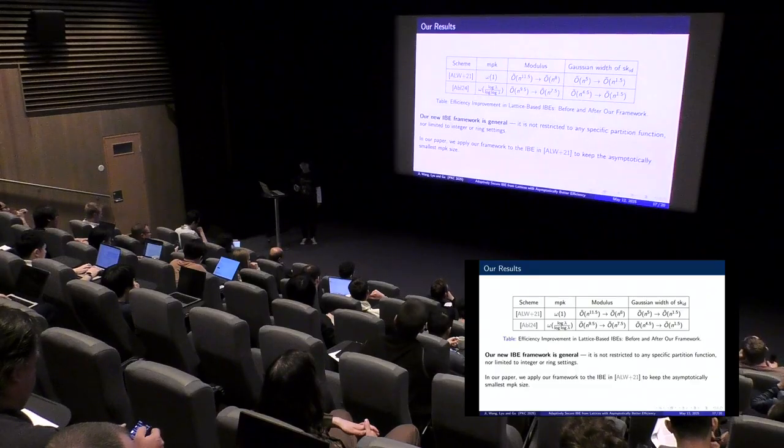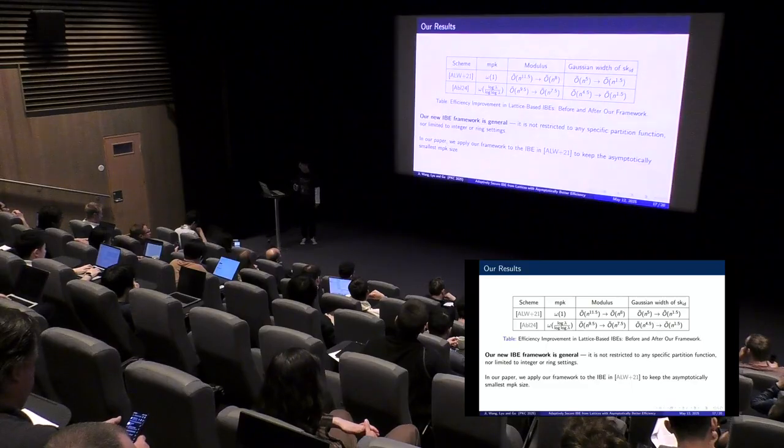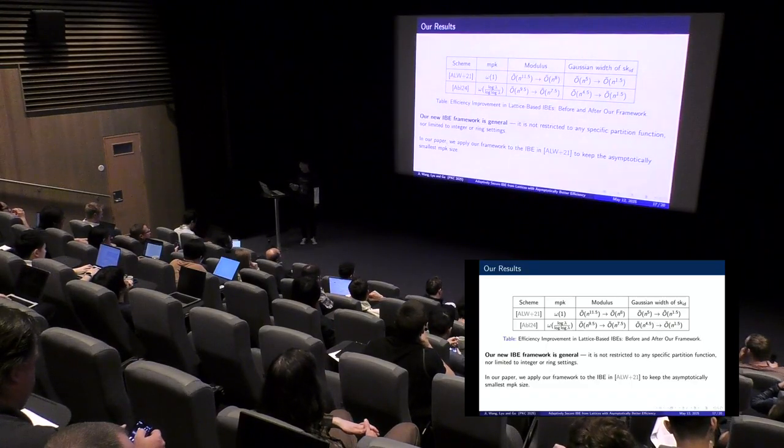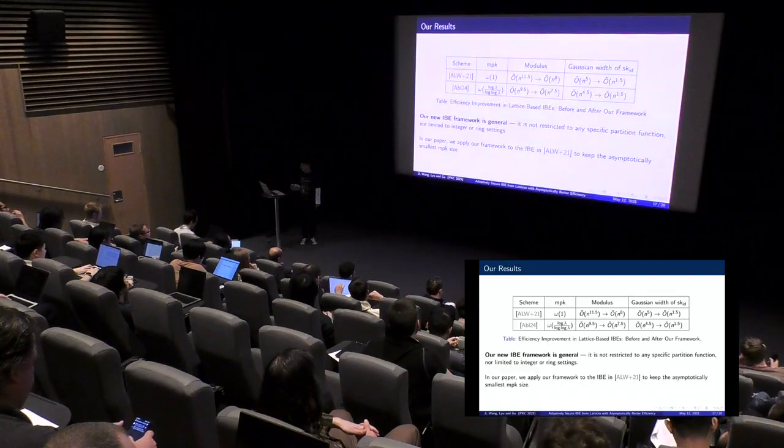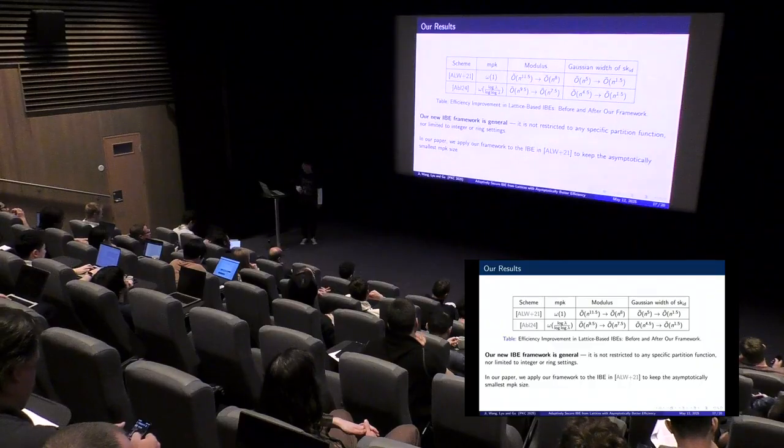Please note that our new IBE framework is general. It is not restricted to any specific partitioning function, nor limited to integer or ring settings. But in our paper, we only apply our framework to one IBE to keep the asymptotically smallest master public key size.